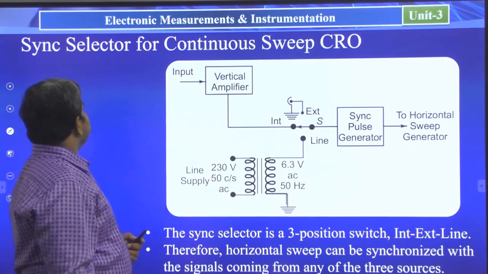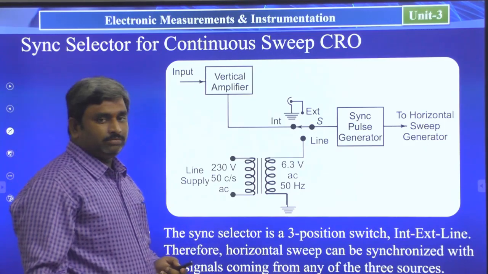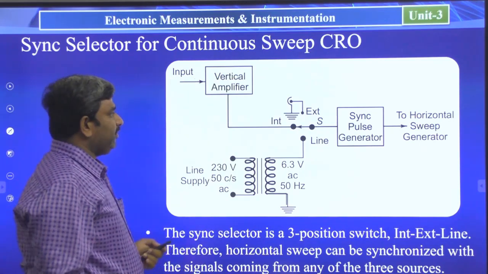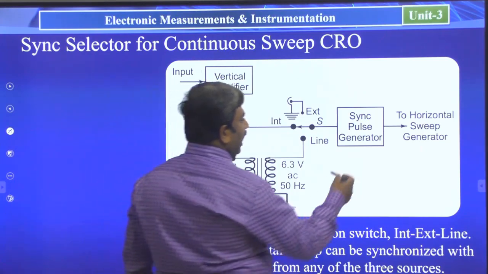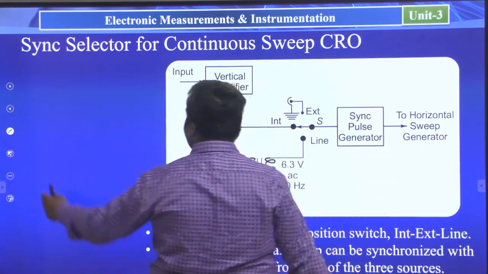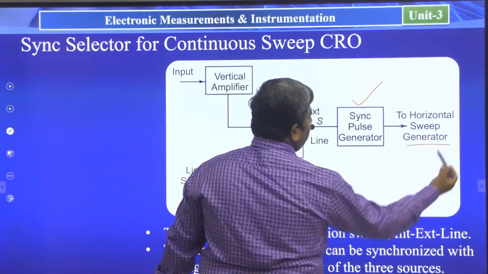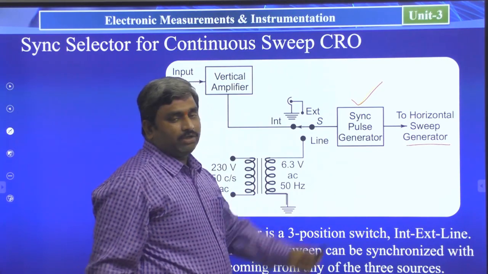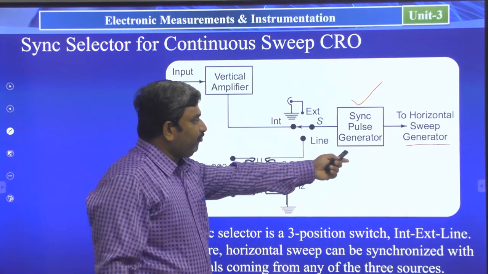Next, this is the sync selector for a continuous sweep CRO. See here, we have a sync pulse generator, and the signal goes to the horizontal sweep generator of the continuous sweep CRO, and here we synchronize this information.